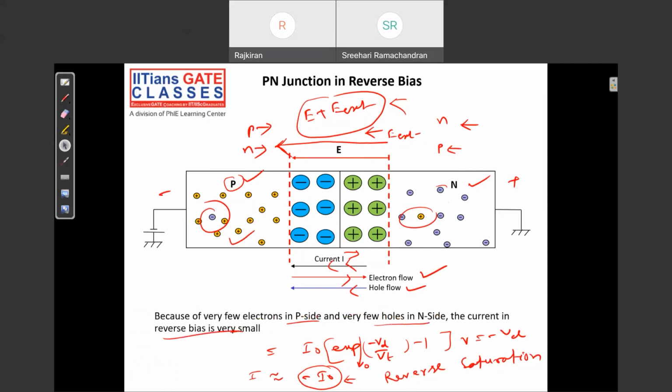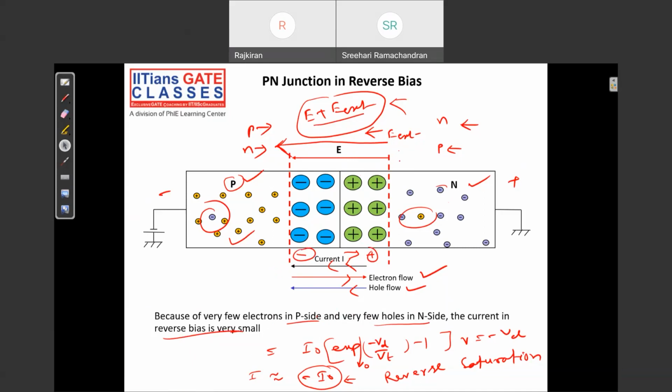Now you see, since the external electric field is increased, we have to uncover more charges. Definitely the positive charge here should increase, and the negative charge here should increase. What does this mean?